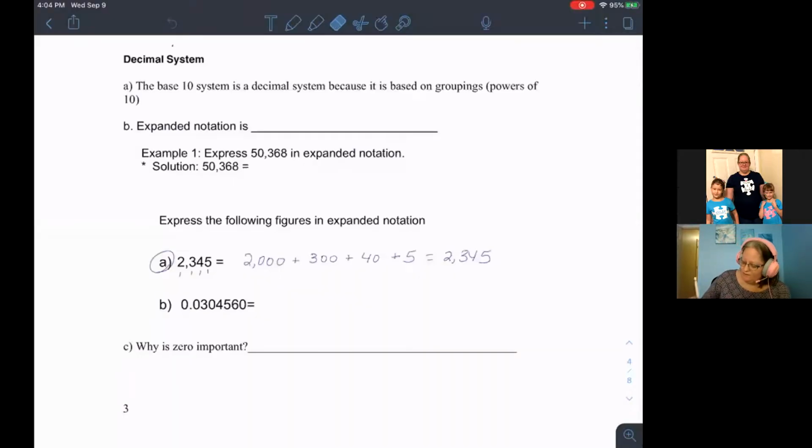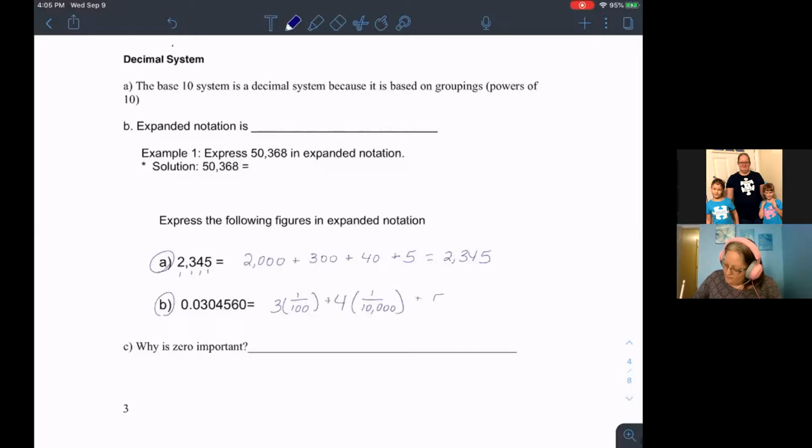All right, the way I did B, it would be 3 times 1 over 100, and then 4 times 1 over 10,000. This should be a plus in here.